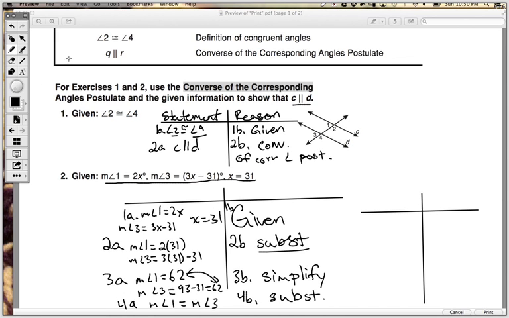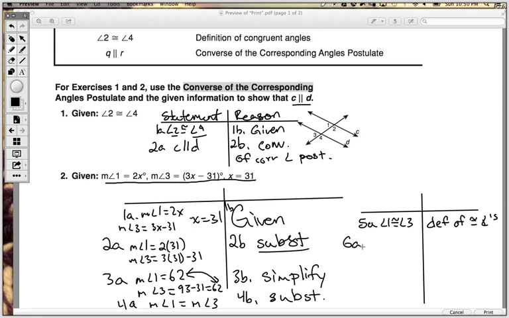So now, as I'm continuing on, I said that they're equal, but for me to talk about corresponding angle postulate, I need congruent symbols. So I'm gonna say angle 1 is congruent to angle 3. And on the other side, this would be the definition of congruent angles.